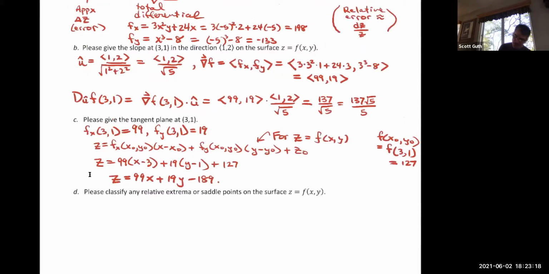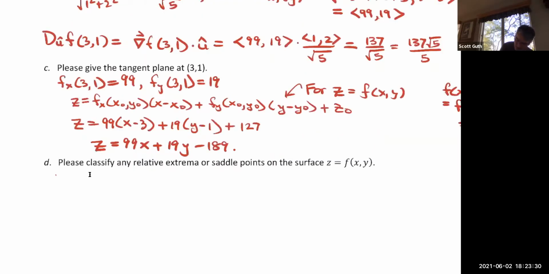Well, then it's asking for relative extrema or saddle points. So to find critical points, we set fx equal to 0 and fy equal to 0.